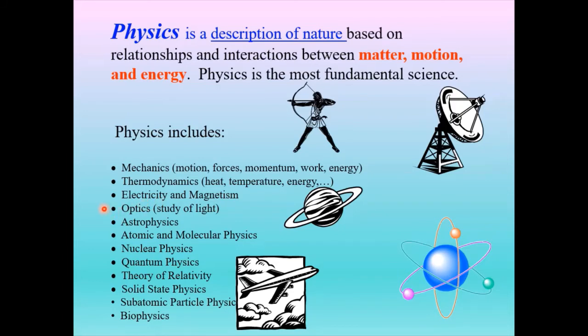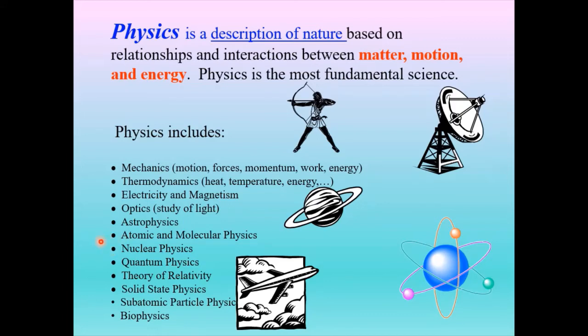Physics includes the study of optics, which is the study of light, and we will be looking at the study of light in some detail in this course. There are other branches of physics, such as astrophysics, and we are probably not going to be touching as much on astrophysics, but we will be covering astronomy later in the course. And one thing we will be talking about in our class is atomic physics and nuclear physics.